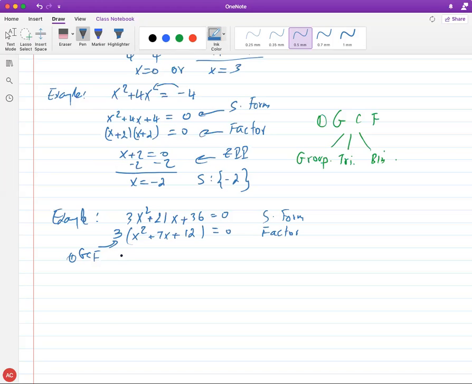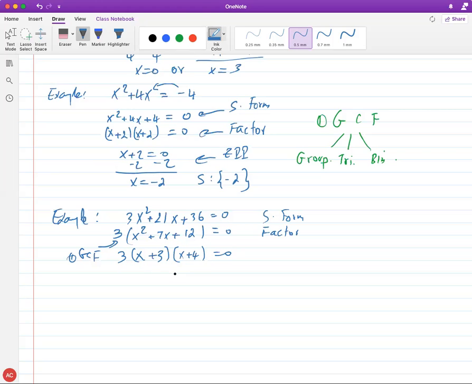Can we factor this trinomial more? Yes, we can. We figure out two numbers that multiply to 12 and add up to 7: 3 and 4. So x plus 3 and x plus 4.